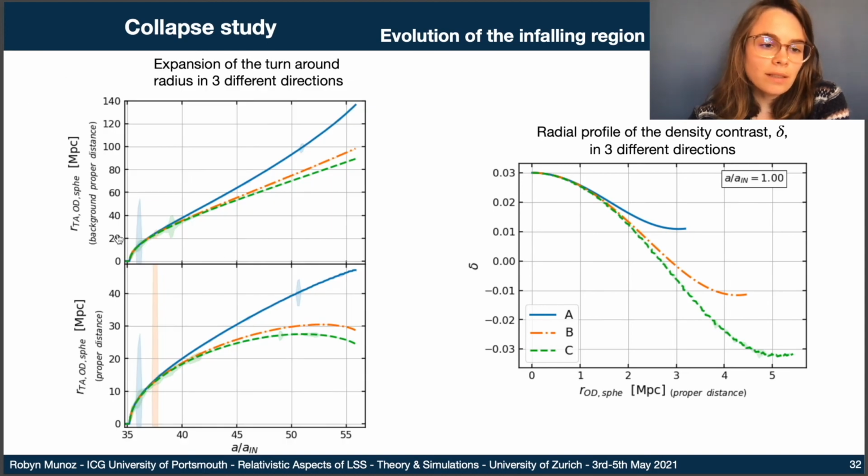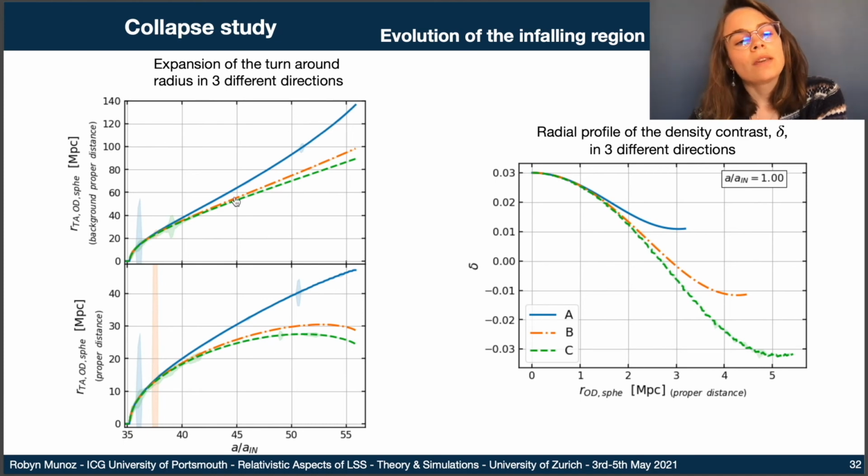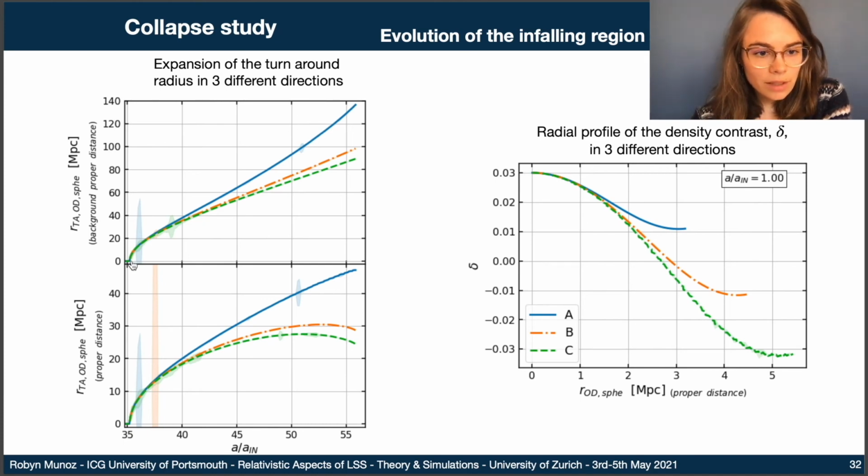This is what is plotted here. You have the turnaround radius in the 3 directions. So initially, no matter the direction, it progresses in a similar fashion. Then the directions with the highest density contrast are where the turnaround radius expands the most.